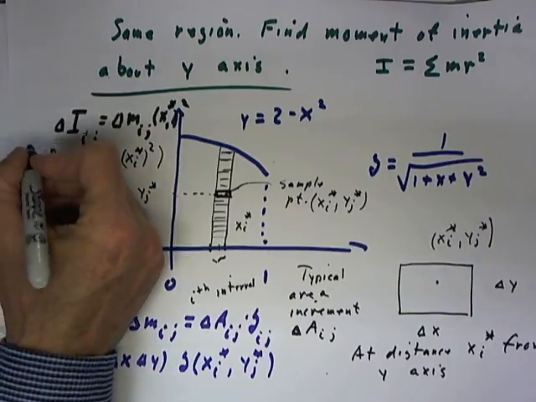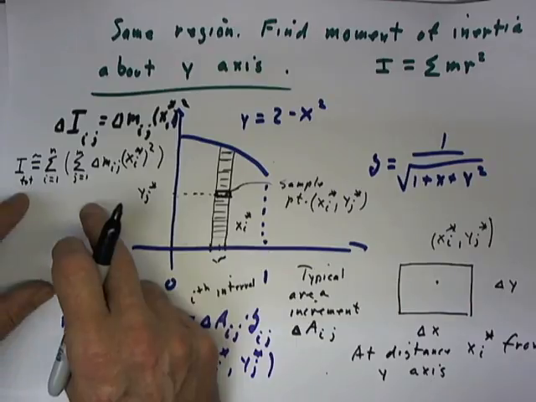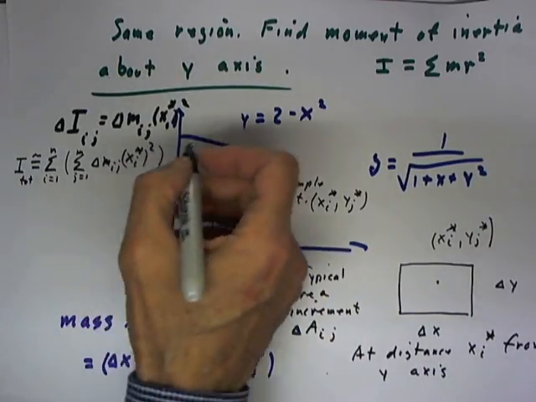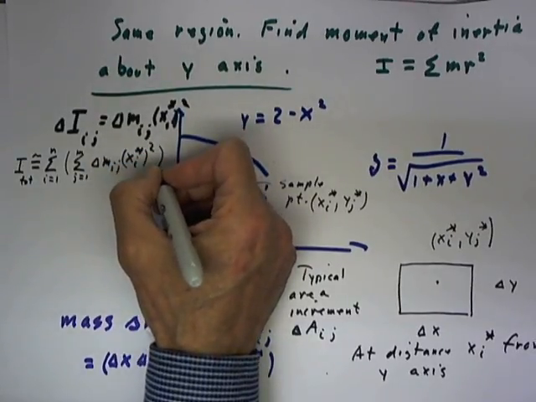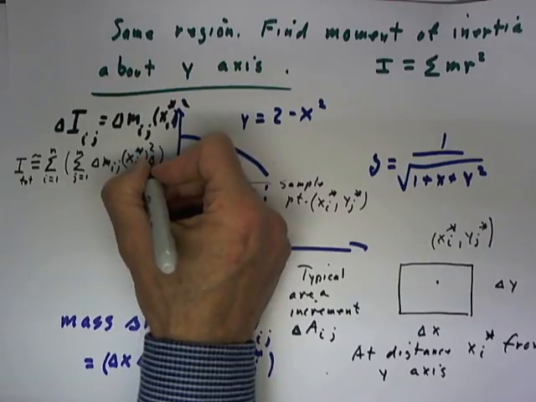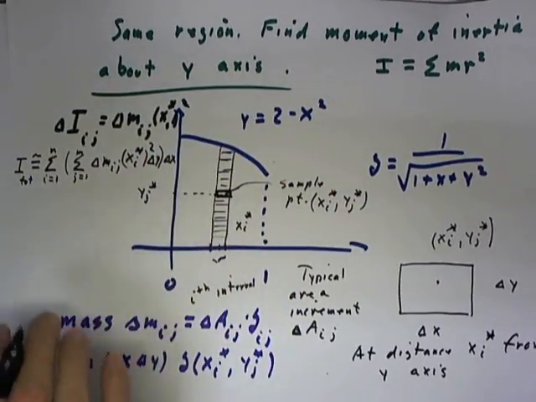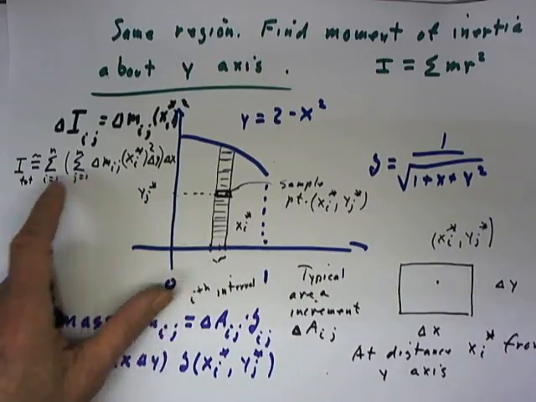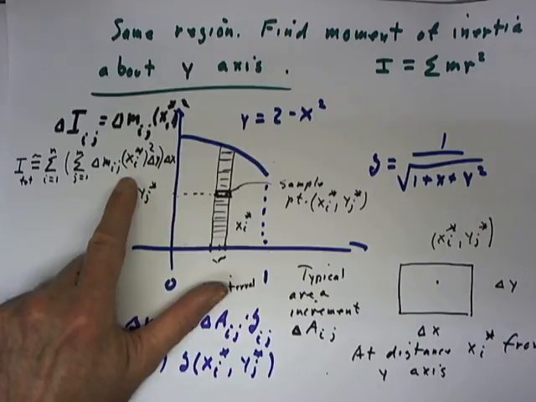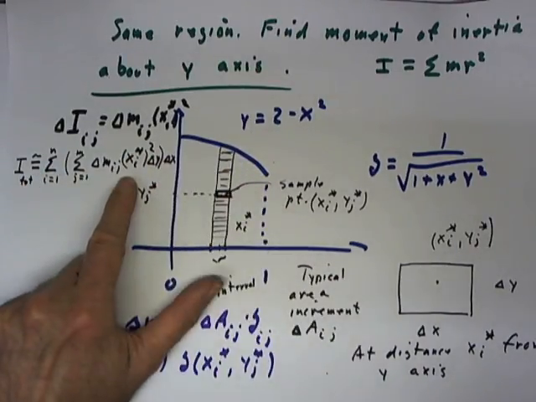And this is an approximation. We're going to take the limit of this expression as our delta x's and our delta y's, and, excuse me, I've left off the delta y and the delta x here. Okay, well, we're going to write this on a separate sheet of paper and analyze this approximation and take the limit as our delta y and delta x approach 0.